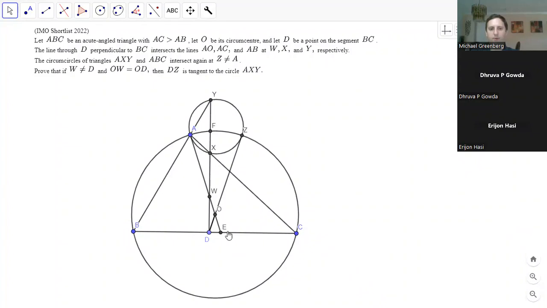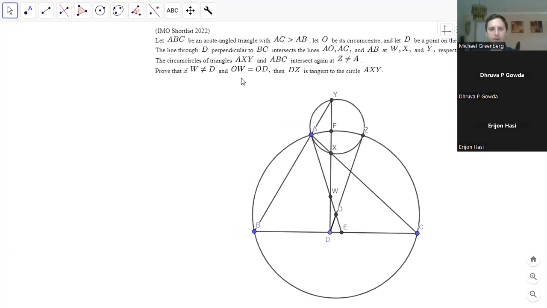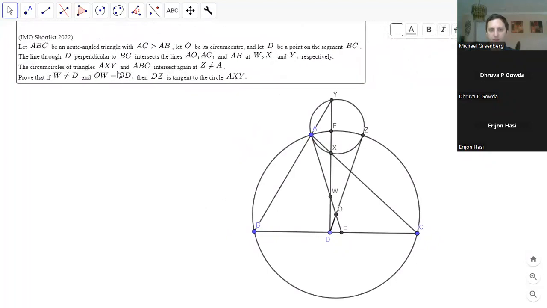Let me type up what I'm thinking, and you guys can let me know if I'm missing something, but it looks to be not that hard, to be honest. First we let AO meet BC at E. Since OW equals OD, and this is a right angle, we'd have OW equals OD equals OE.